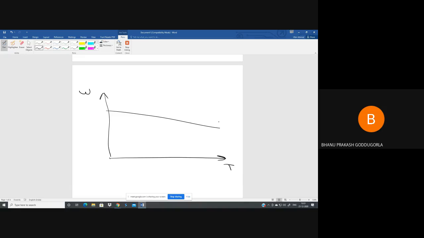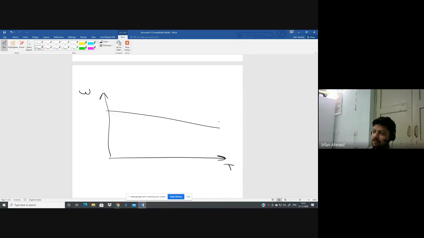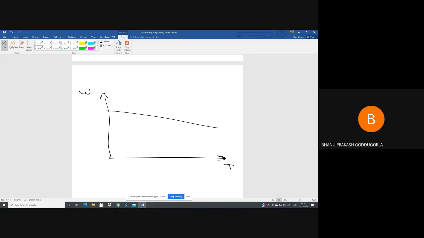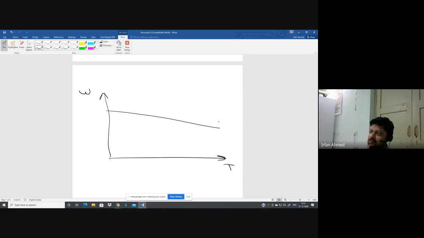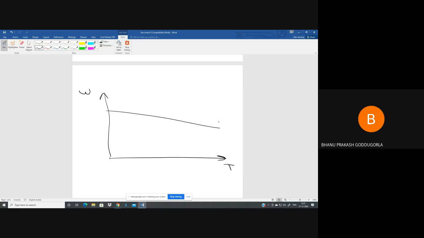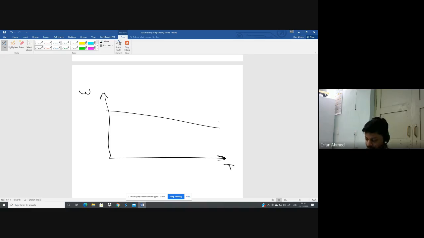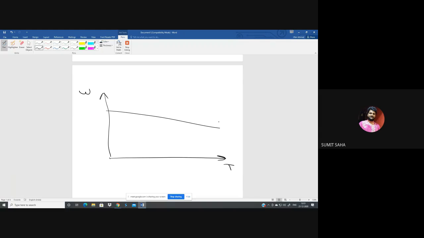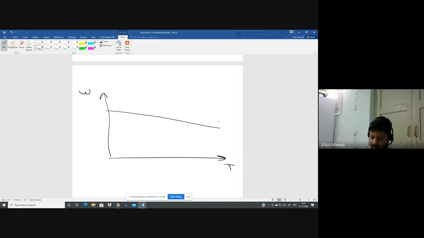Yes, sir. So how high? 150%, 200%, 300%, 500%, 150%. Okay. Sumit, yes, so we can have a higher speed application beyond its rated speed, 150%, sir.